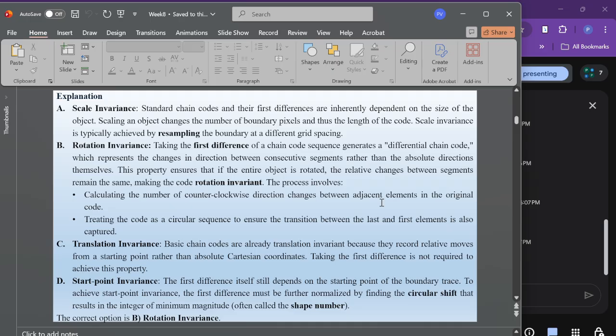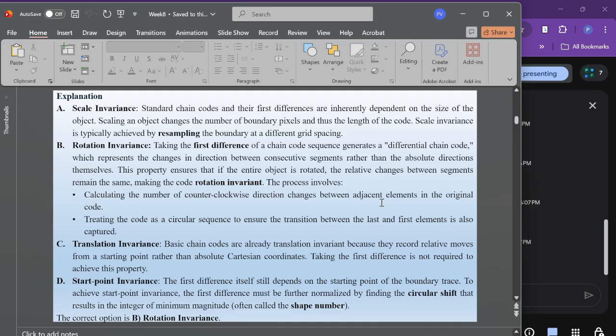This property ensures that if the entire object is rotated, the relative change between the segments remains the same, and that makes the code rotation invariant. The process involves calculating the number of counterclockwise direction changes between adjacent elements in the original code and treating the code as a circular sequence, to ensure the transition between the last and first element is also captured. That should not be left out.